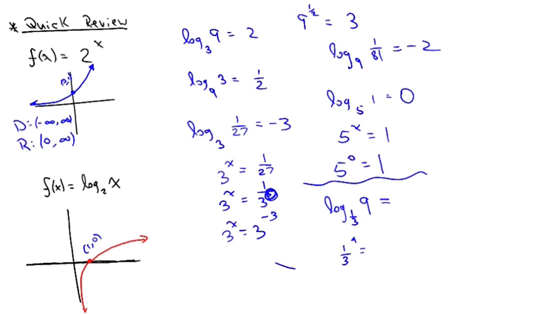That's 1/3 times 1/3 times 1/3, and so on. That's going to be a huge number at the bottom, and plus it's going to be a fraction. This is a whole number and this is a fraction base. If one's a fraction and the other one's a whole number, the exponent is going to be negative, because one's a whole number and the other one's a reciprocal. So it's -2.